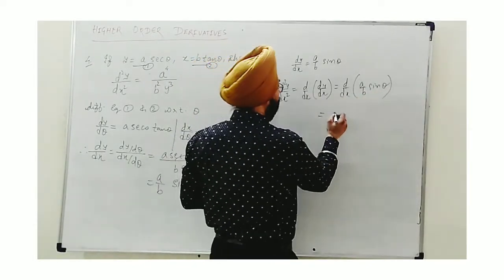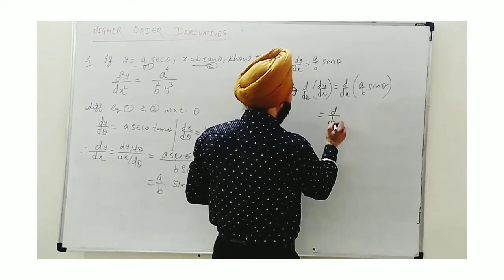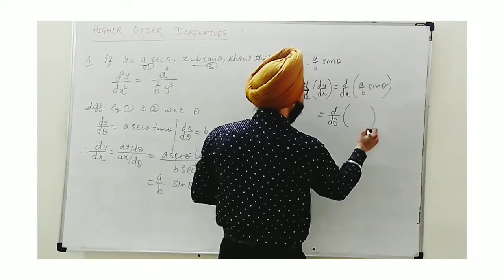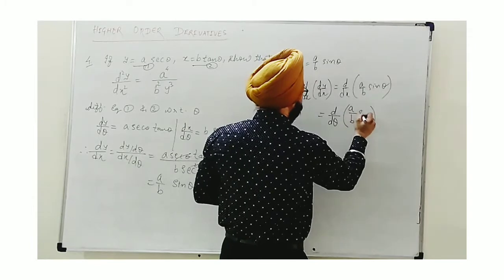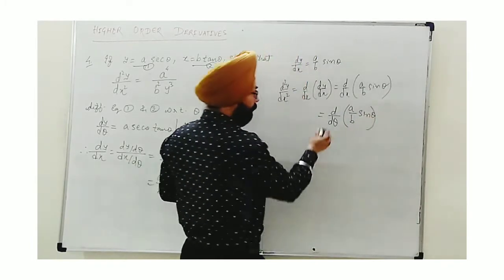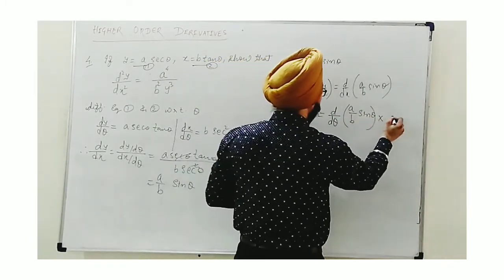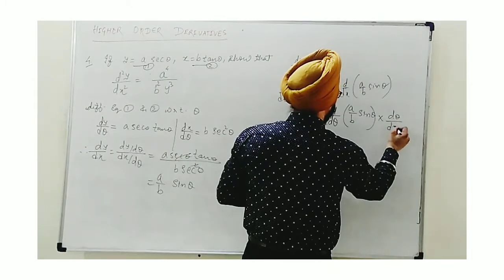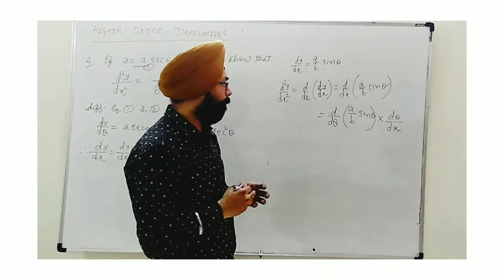So what is the way to do this? We write d by d theta of this bracket. There is no change in the bracket. D by d theta multiplied by d theta by dx. Why so?